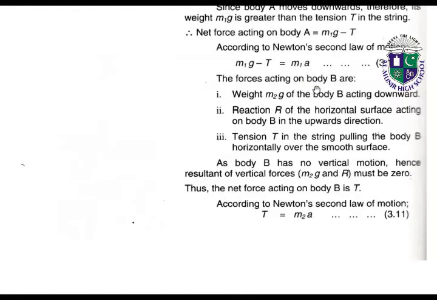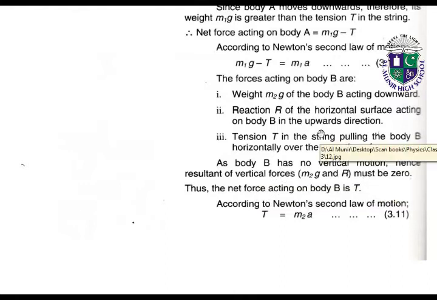The forces acting on body B are, number 1, weight m2g of the body B acting downward, reaction R of the horizontal surface acting on body B in the upward direction, and tension T in the string pulling the body B horizontally over the smooth surface. So these are the reasons that show the movement of body A and body B. Body B has no vertical motion.